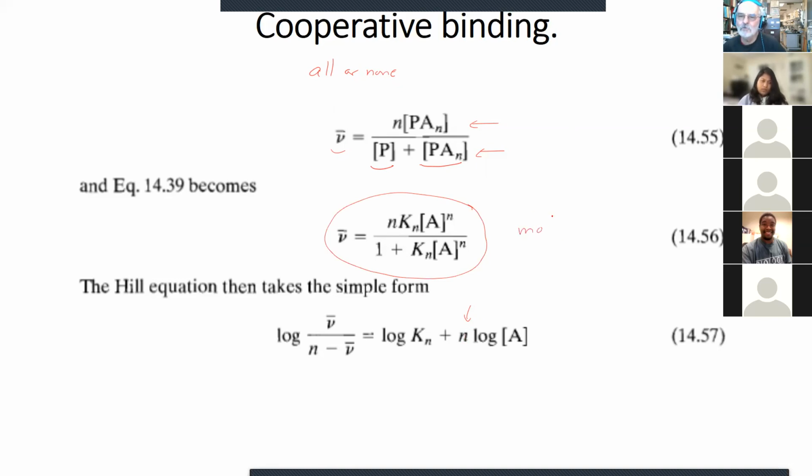Okay, and so I think it's important to understand that what we're doing here is developing models to extract information out of the data, and then we're plotting the data to that model to see if we can get the information we need. I repeat to you, the slope is n, but to plot the data, you need to know n.